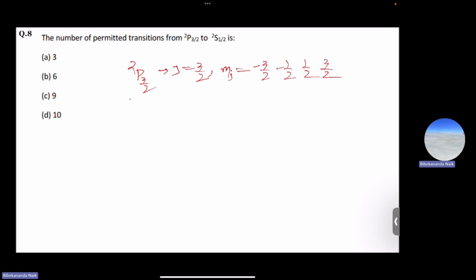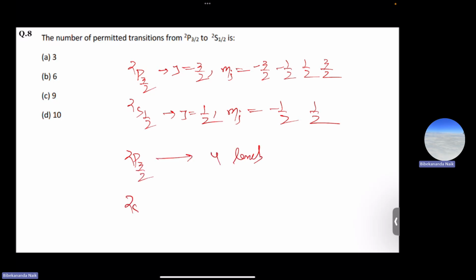Then for 2s1/2, j is 1/2, so mj will be minus 1/2 and plus 1/2. So for 2p3/2 there will be 4 levels, and for 2s1/2 there will be 2 levels.